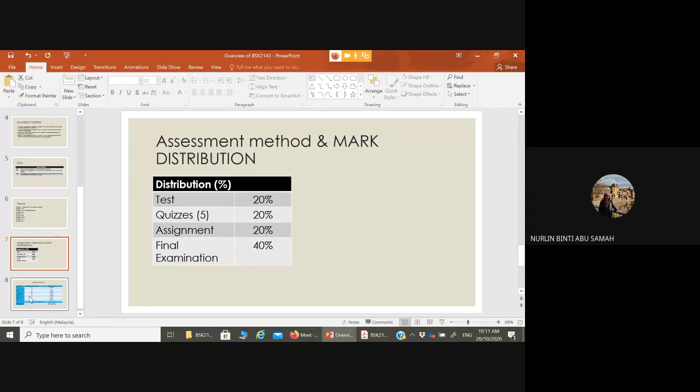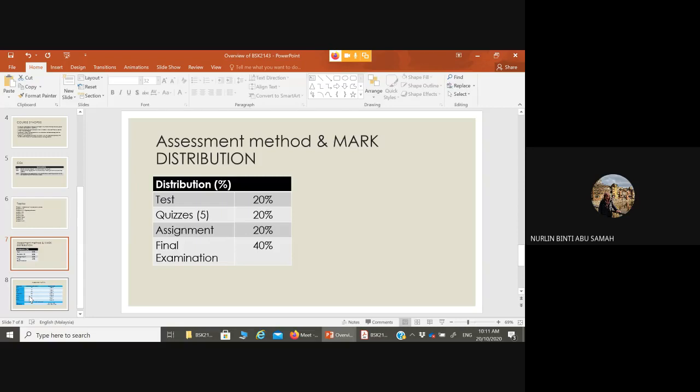What I can advise here is please do well in all assessments, because if you get very low marks in carry mark, it will affect your mark in the final exam.